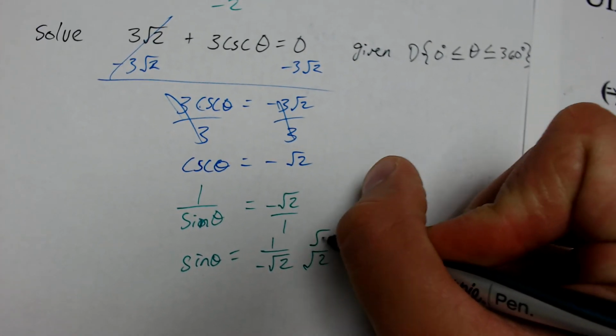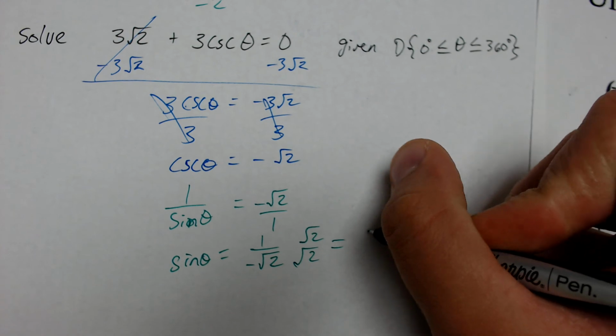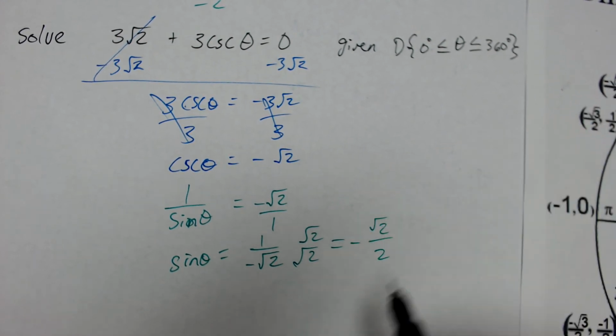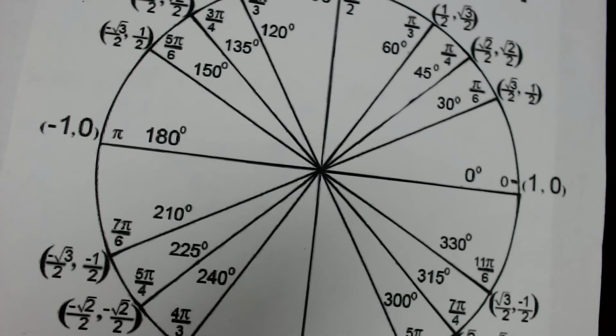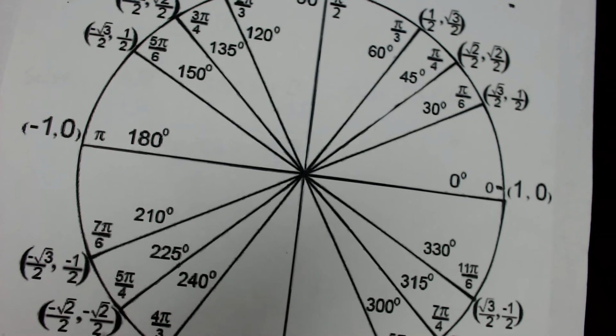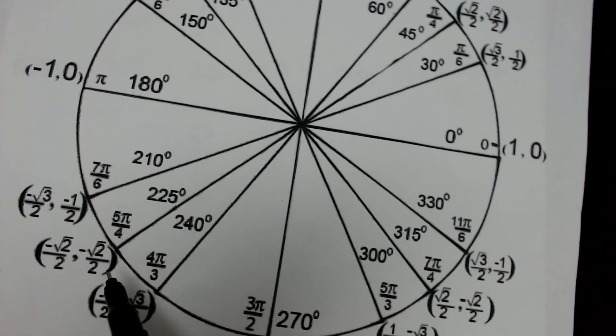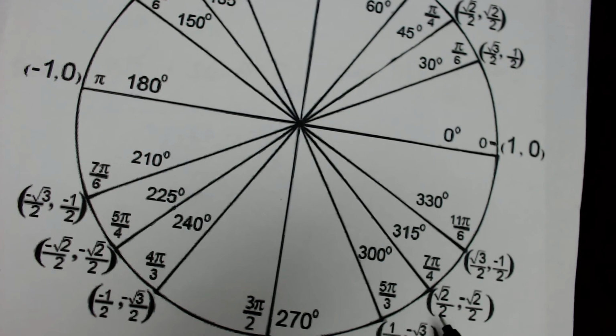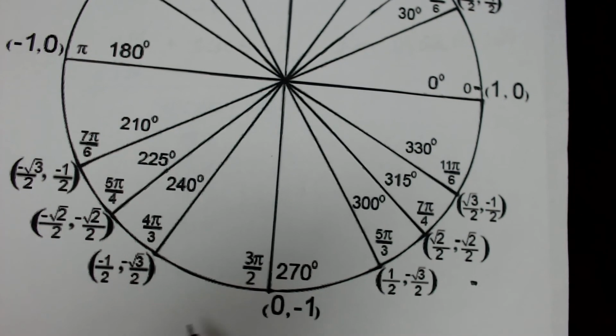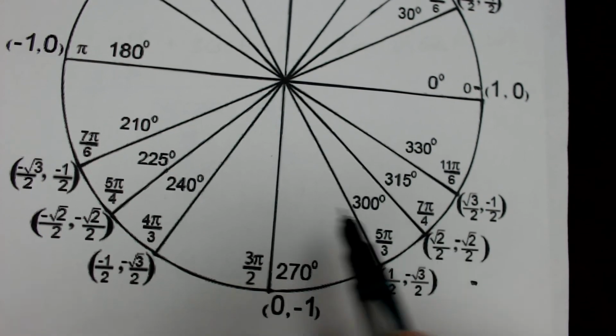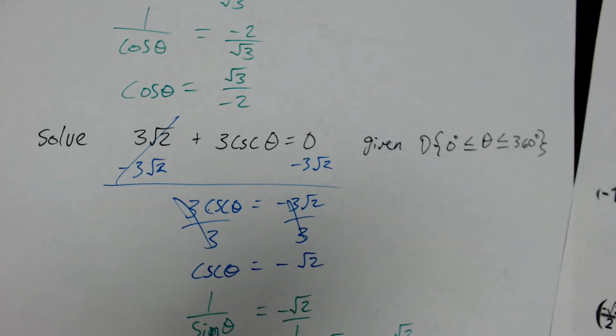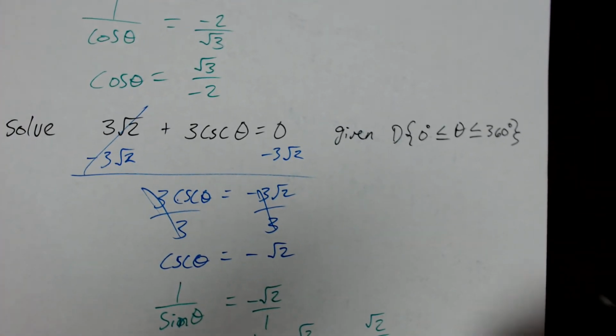Multiply each side by root 2, so that's going to become root 2 over 2. So negative root 2 over 2, that's what I'm looking for. I look down here, and I've got sine at negative root 2 over 2 at 225 degrees. And again at 315.